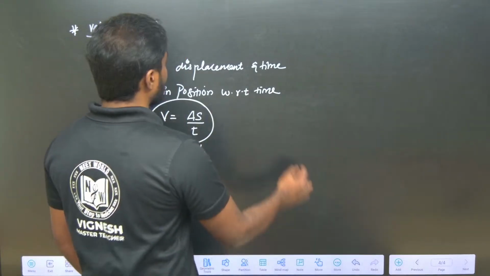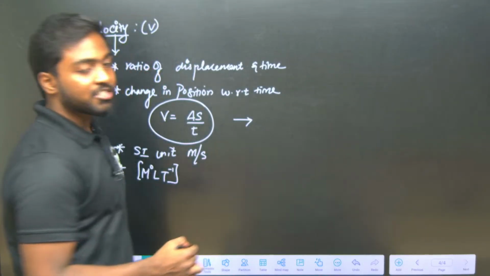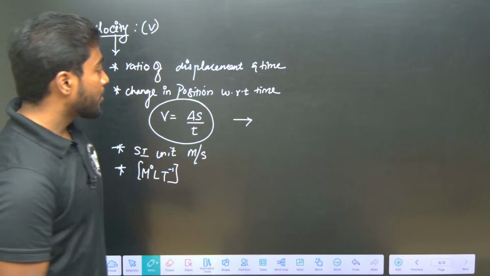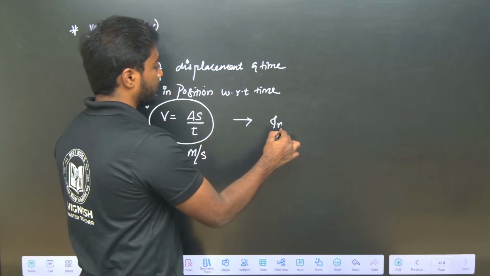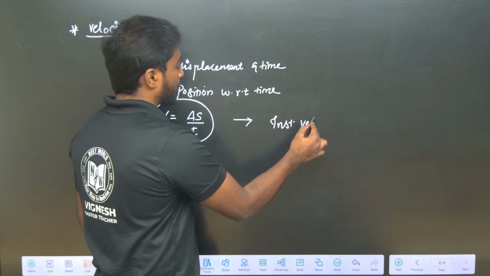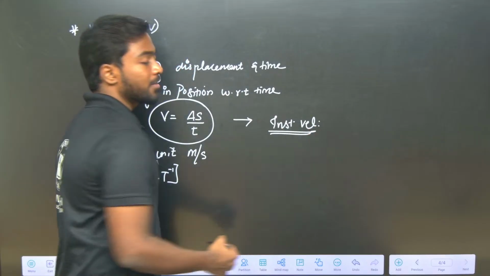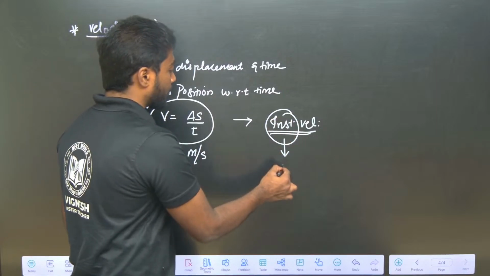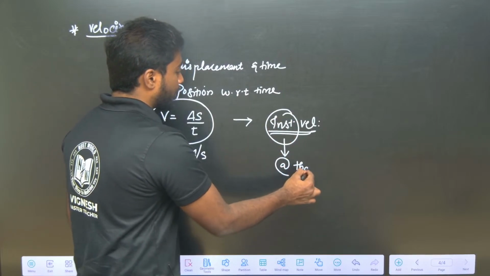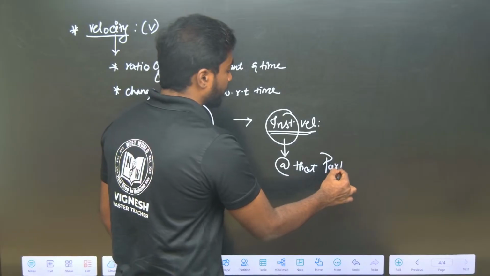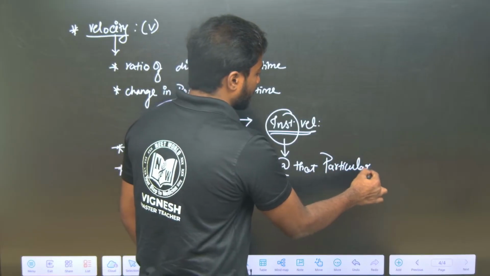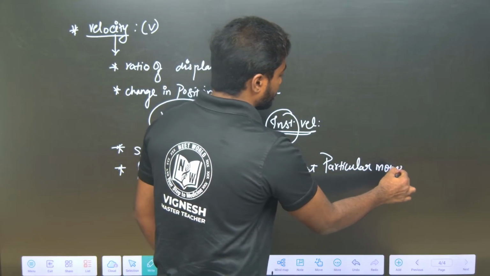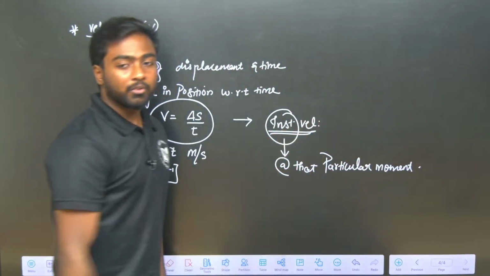In this we are going to deal with instantaneous velocity. What is the meaning of instantaneous? Instantaneous is nothing but, at that particular moment, what is my velocity?